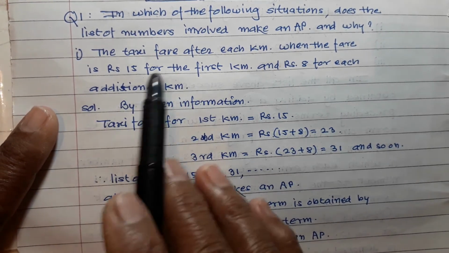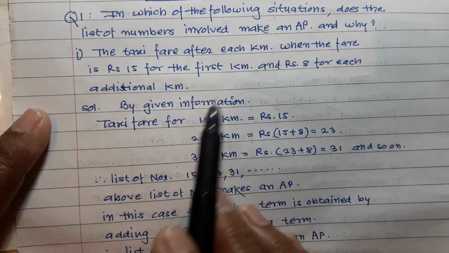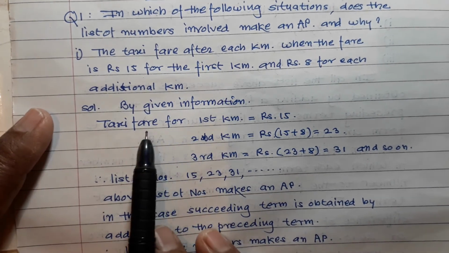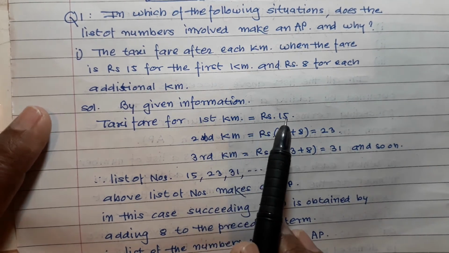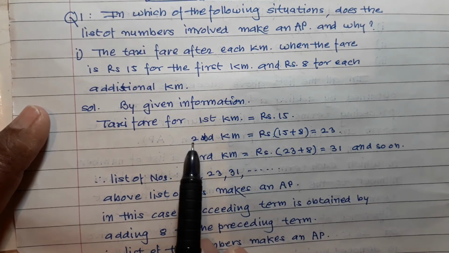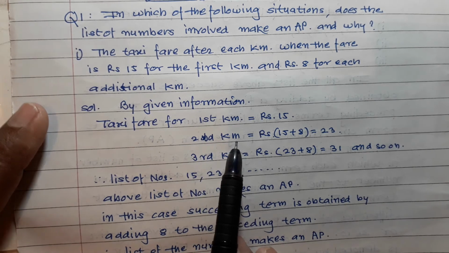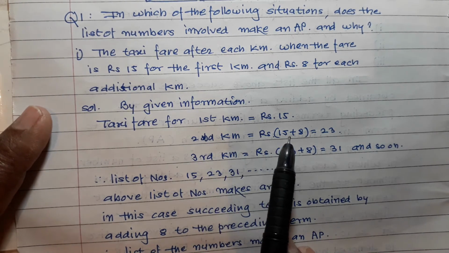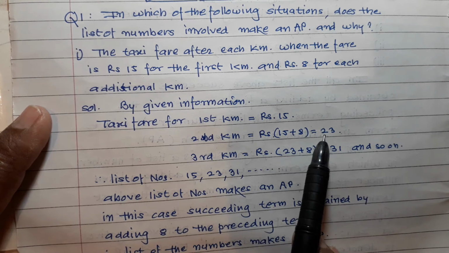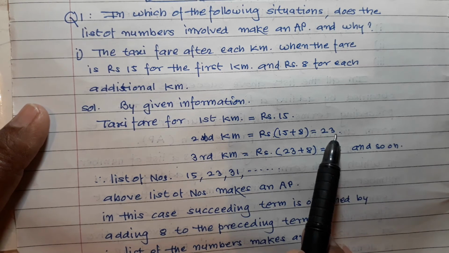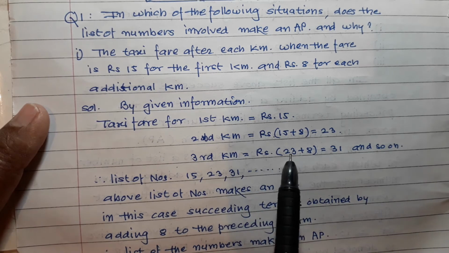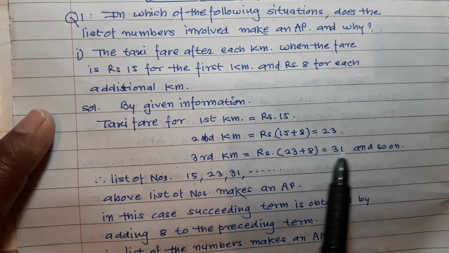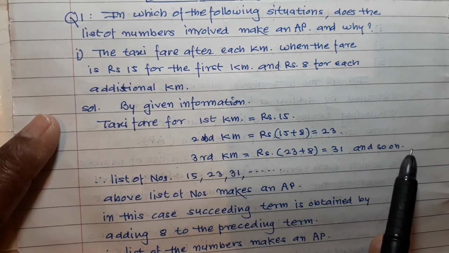By the given information, taxi fare for the first kilometer is rupees 15, for the second kilometer it is 15 plus 8, that is 23, and for the third kilometer it is 23 plus 8, 31, and so on.